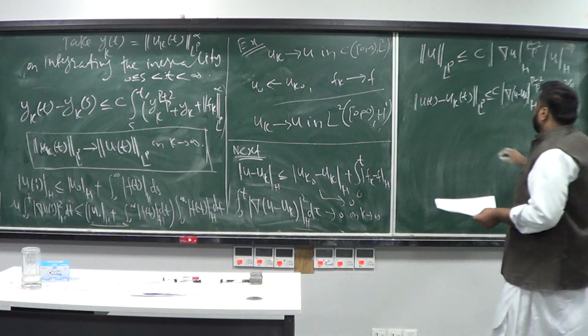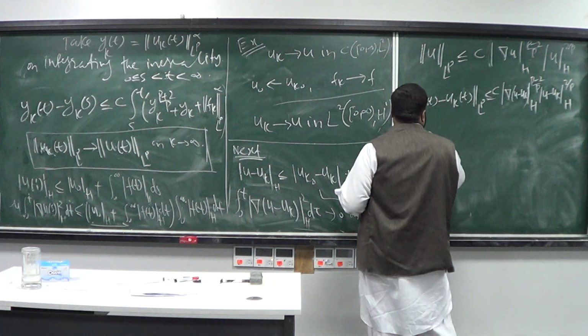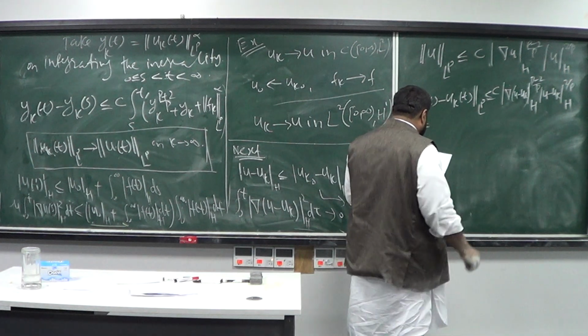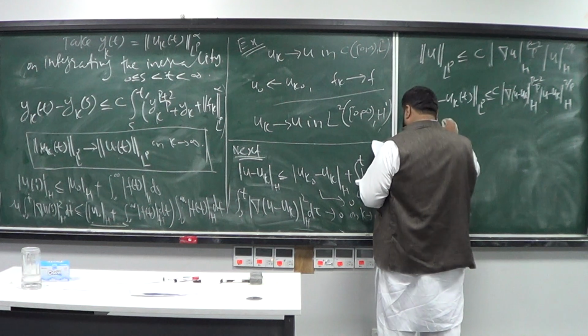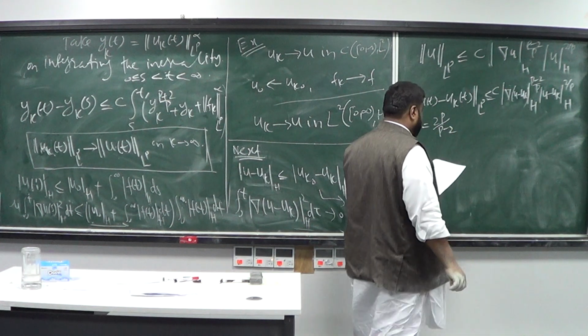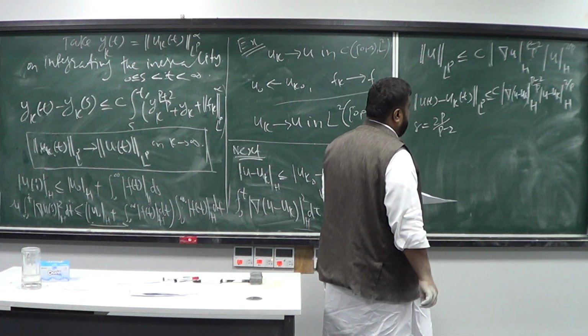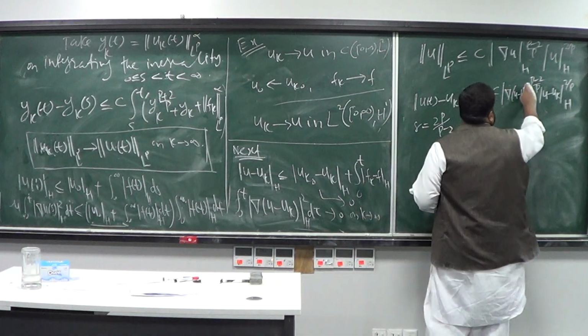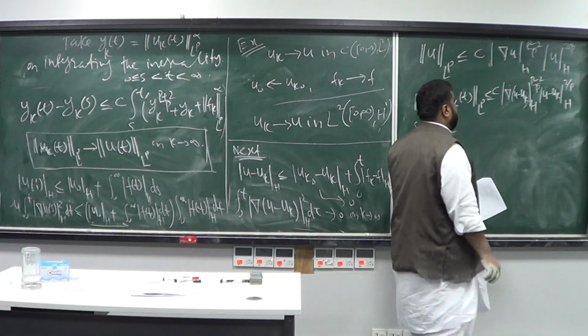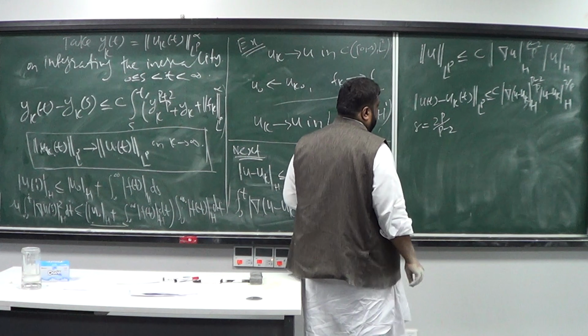Now take on this inequality a power q, where q is 2p over p minus 2. You will see in a moment why I am choosing this particular power.